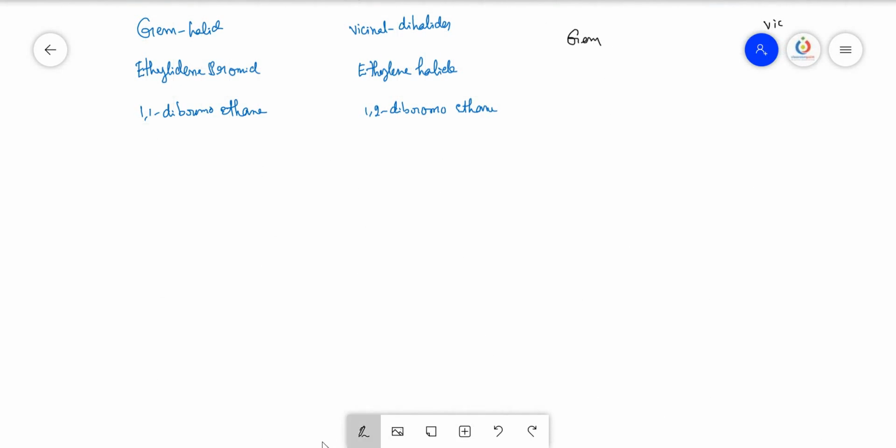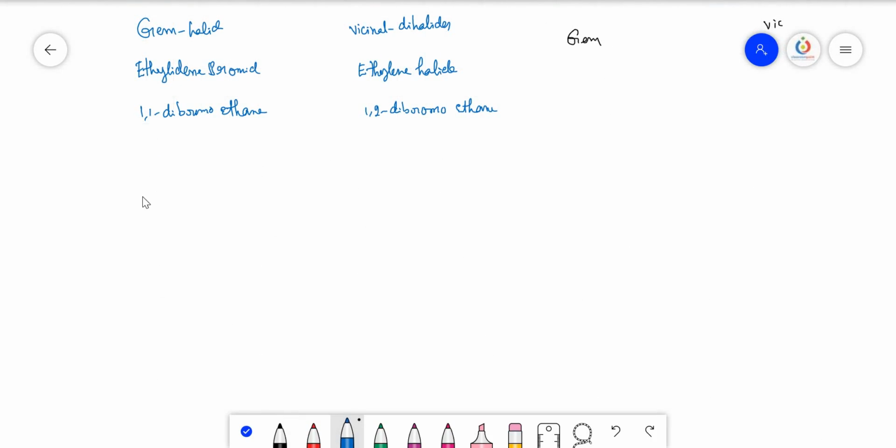Regarding the non-adjacent carbon atoms, we can see molecules like this: CH2Br, CH2, CH2Br. In such cases, the first halogen-bearing carbon atom you have to name as alpha, this is the beta carbon, this is the gamma carbon. So these are called alpha, gamma dihalides.